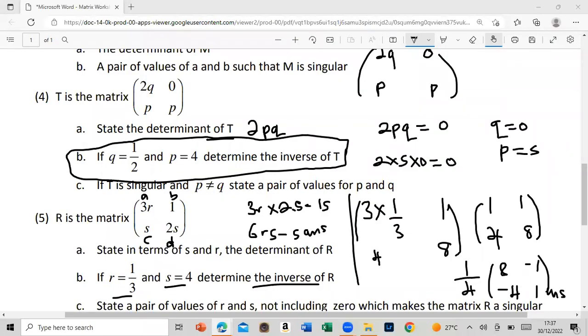Now on to part C. It says take the pair of values of R and S, not including 0, which make the matrix R a singular matrix. All right, so clear off this. We're going to use the determinant.